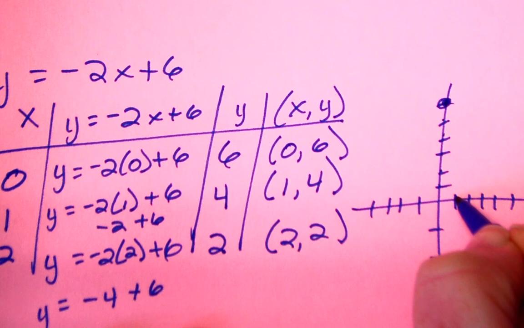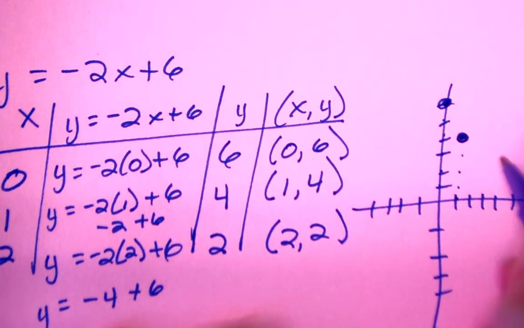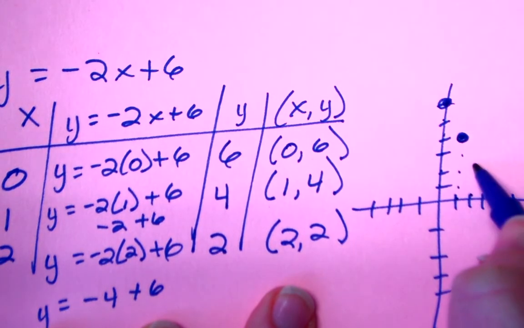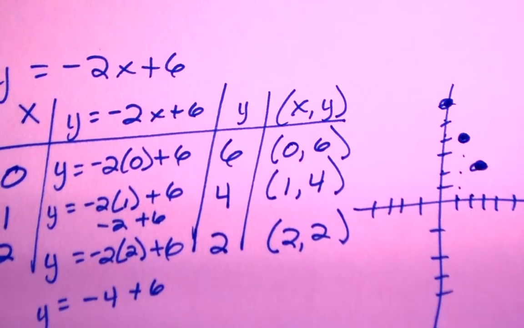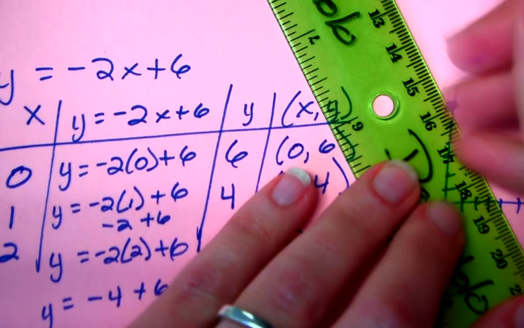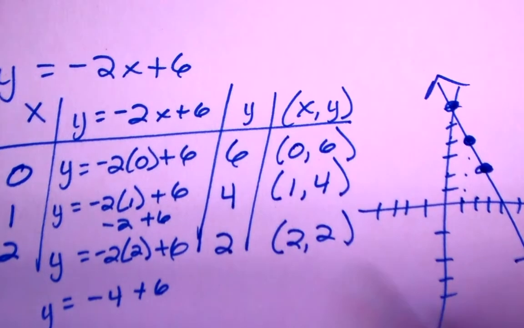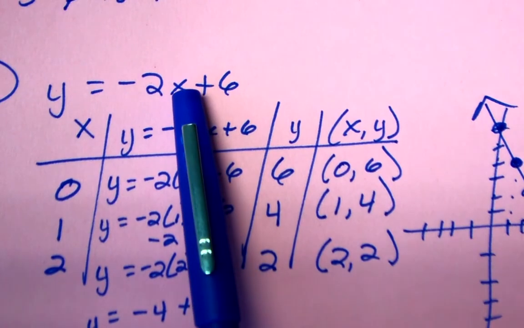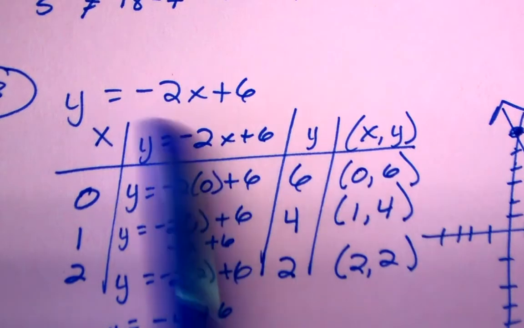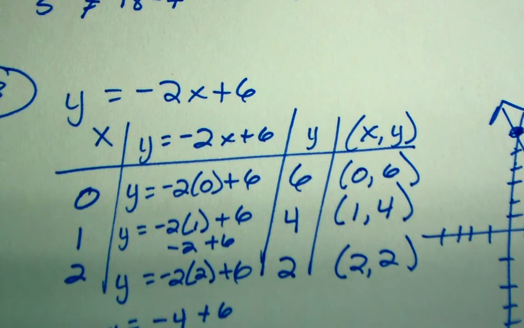X is 1, y is 4. 1, 2, 3, 4. X is 2, y is 2. Again, I just sketched that out so it doesn't have to be necessarily perfect, but you'll notice that it's going to make a line. Because this is a linear equation, it has a power of 1. And it's going to have a negative slope because of the negative in front of it.